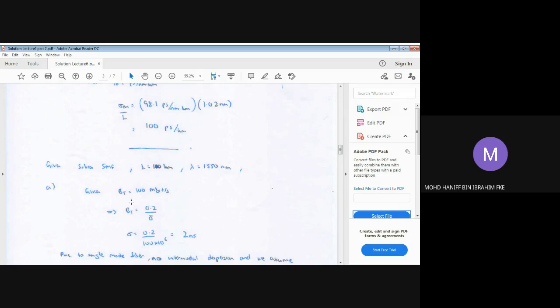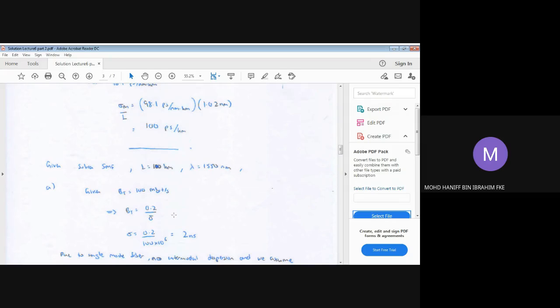The bit rate BT is 100 megabit per second, so we need to adopt this equation. I'm hoping you still remember it from the previous lecture 6 part 1, for the case of intermodal dispersion. This equation can still be used regardless of whether the dispersion is intermodal or intramodal; as long as we know the value of dispersion, we can use it to find the bit rate.